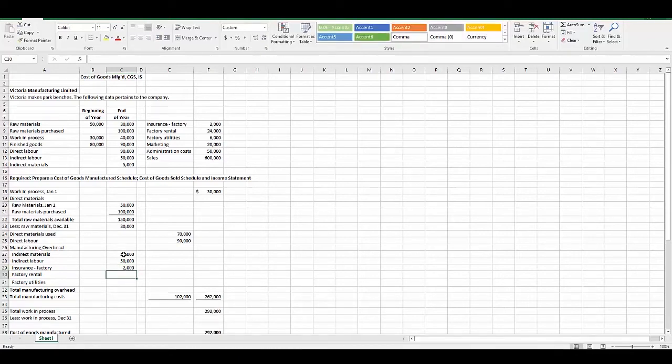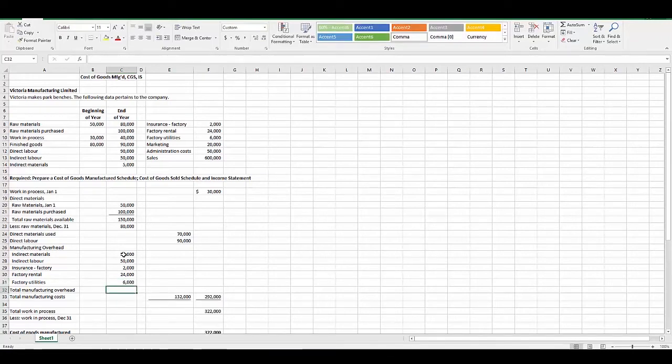And we have, of course, the factory rental costs, which is $24,000. The final category for manufacturing overhead are the utilities costs. So this would generally represent your heating and electricity cost. So that amount is $6,000.